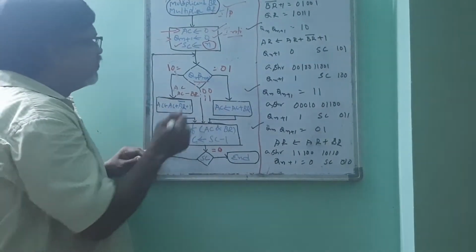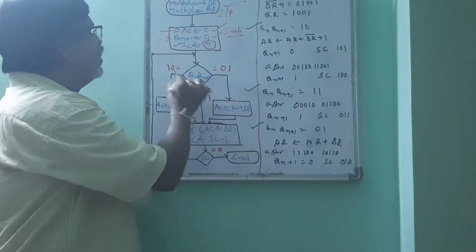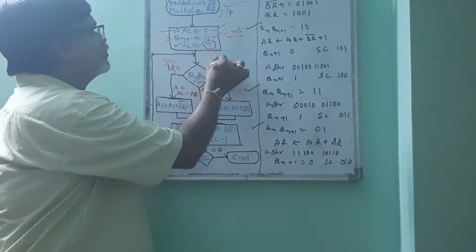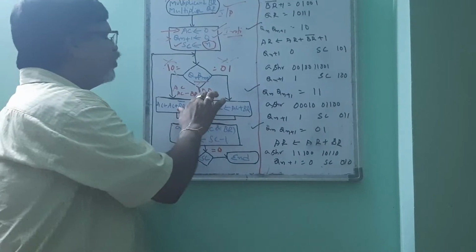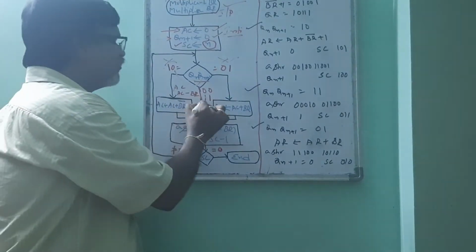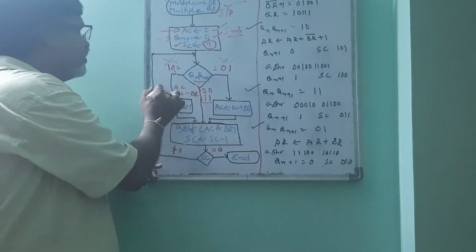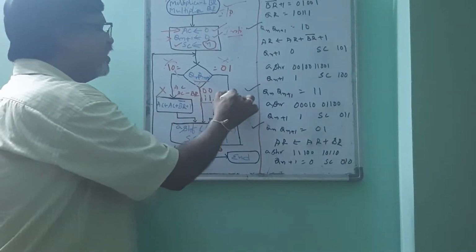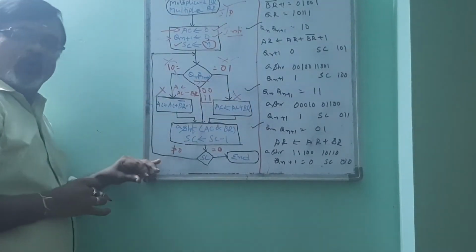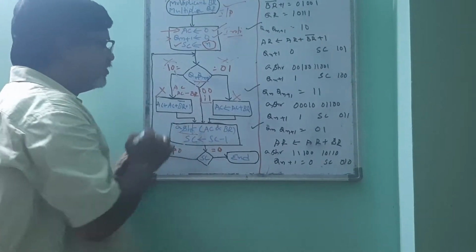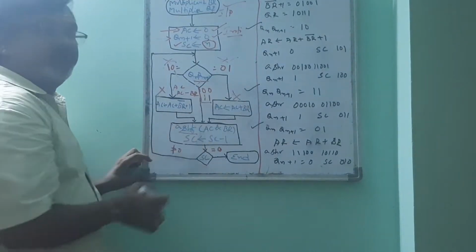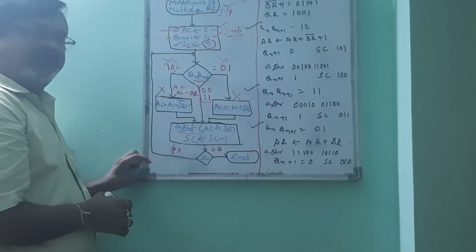In the third case, if the Qn and Qn plus 1 are both zeros or both ones, then what are we doing? This addition or subtraction is not performed, and directly we perform shifting of AC and BR.